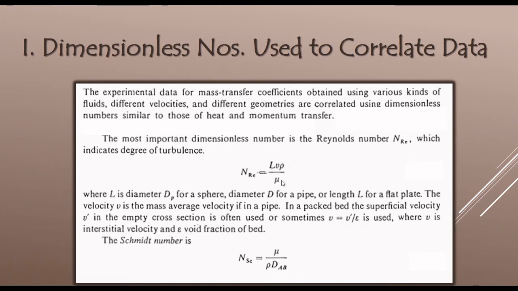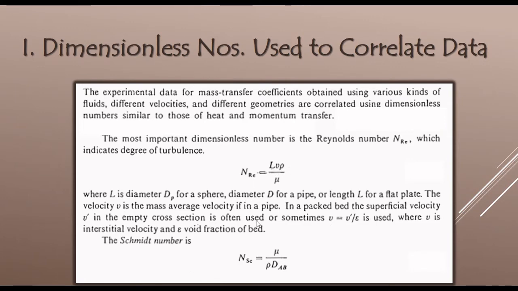Now, in a packed bed, the superficial velocity, which is represented by V prime, is the velocity based on the empty cross-section of that particular packed bed. Most of the time we are using this V prime, but we have to convert it to V before we substitute it in this dimensionless number.